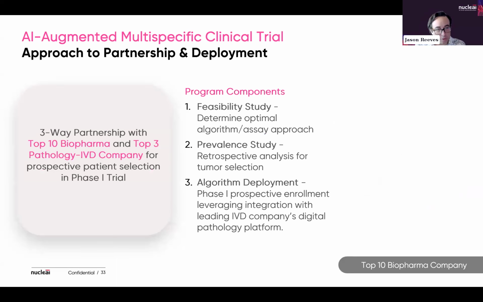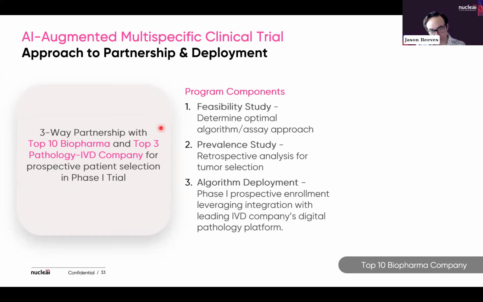And so there is a three-way partnership that we have with one top 10 biopharma and top 3 IVD partner, where we are working with using our algorithms in a prospective setting, where we do need to return that data in a very robust and reproducible fashion, in a very time-bound fashion due to the clinical trial environment. The way that we set this up was we ran a 3-stage approach.